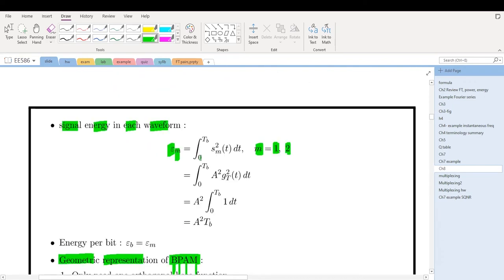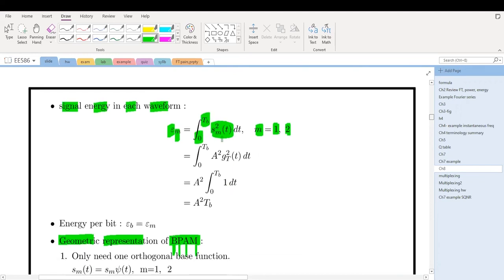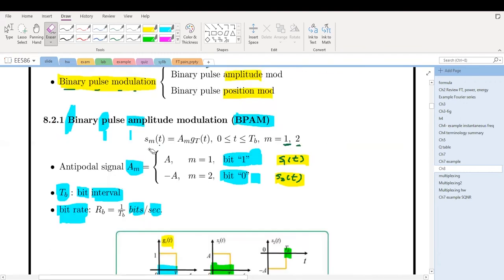Therefore, the integral interval becomes from 0 to T_B, of the waveform squared. The signal s_m(t) equals a_m g(t), and a_m equals A or minus A depending on digital bit 1 or digital bit 0. And then we square that.